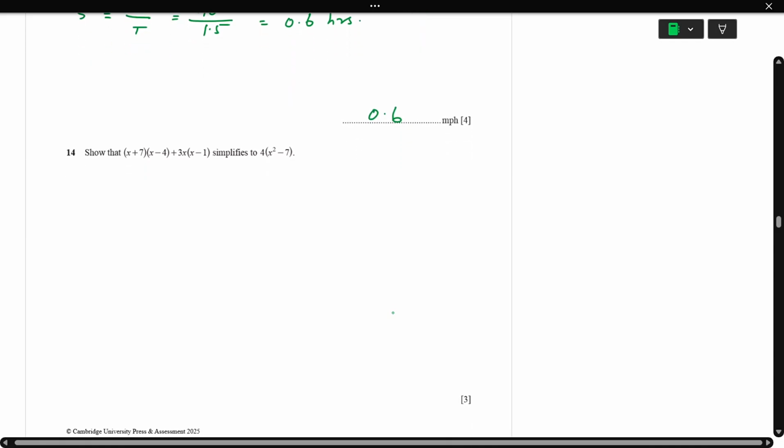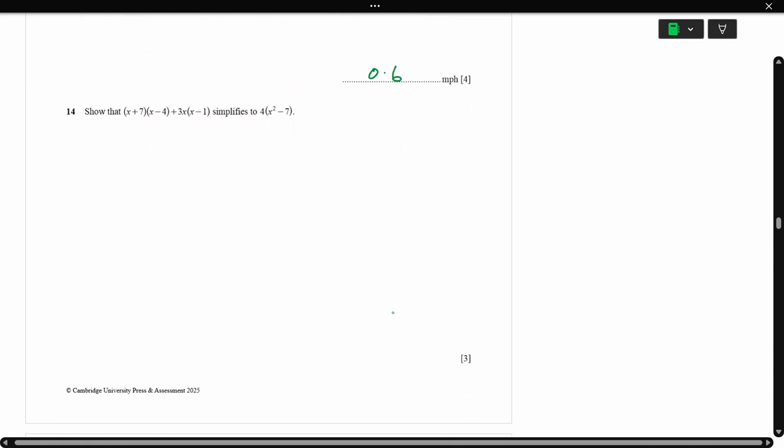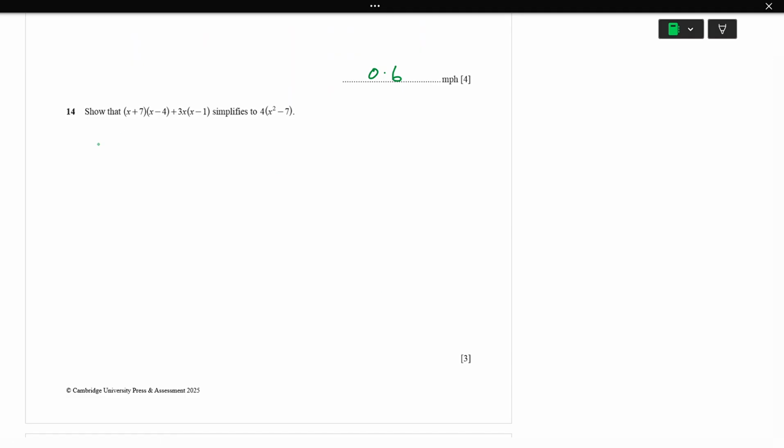Next, question 14. Show that (x plus 7)(x minus 4) plus 3x(x minus 1) simplifies. We just need to expand. Expand the first two parts, which is x square minus 4x plus 7x minus 28, plus the expansion of this side, 3x square minus 3x.